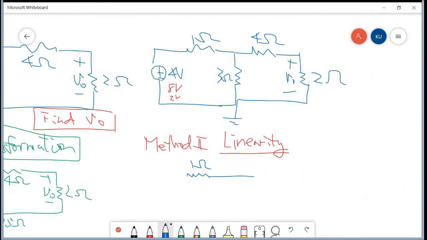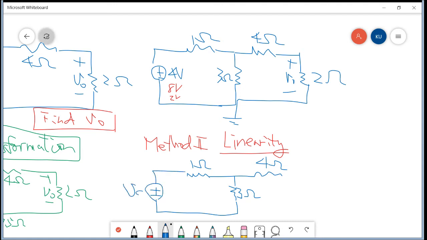So we have 4 ohm here, 3 ohm here, and this is Vs, and this is 2 ohm.